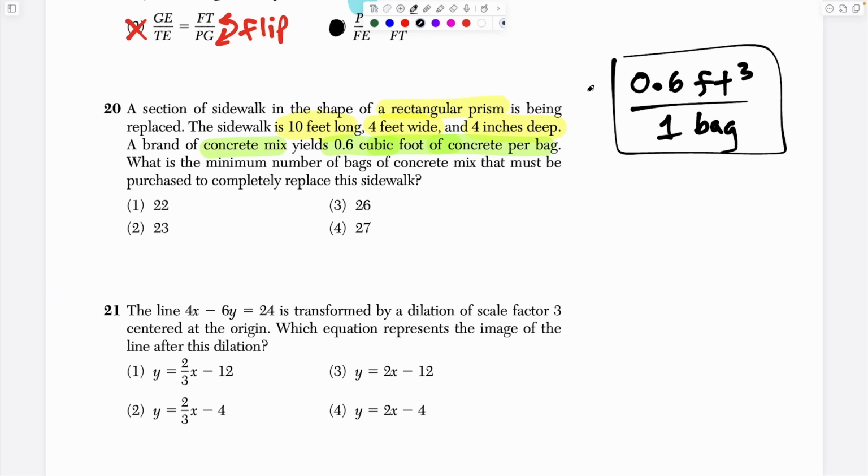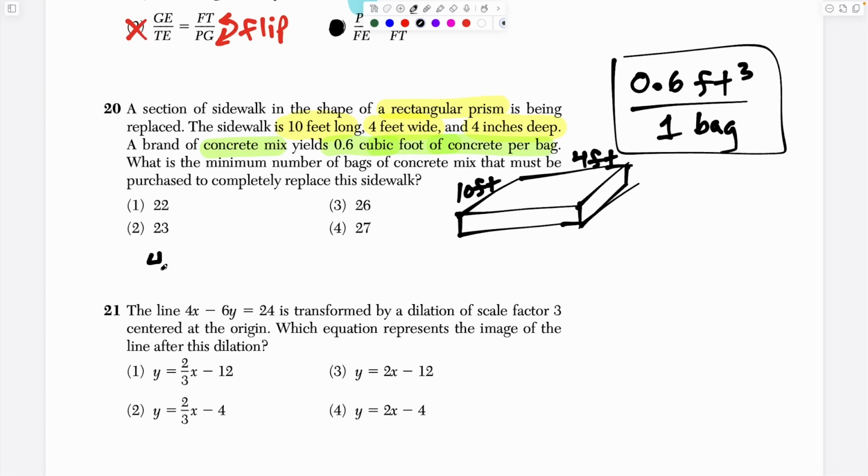So what we have to do is find the volume of the rectangular prism. Once again, I'm just going to draw it out over here. This is just a piece of the sidewalk. The dimensions are 10 feet long, 4 feet wide, but then they said 4 inches deep.